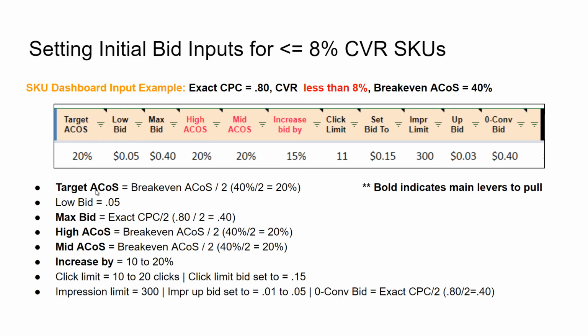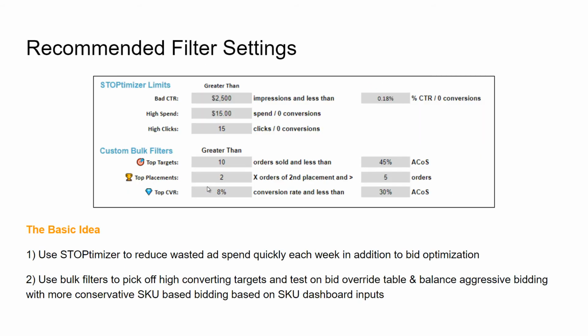But I'm not going to read over this. It's the same concept as the last slide, but just know that these are going to be more conservative inputs to start with because they have a lower conversion rate, and we're going to be balancing the settings on the SKU dashboard with more aggressive settings on the bid override table, which we're going to be talking about next.